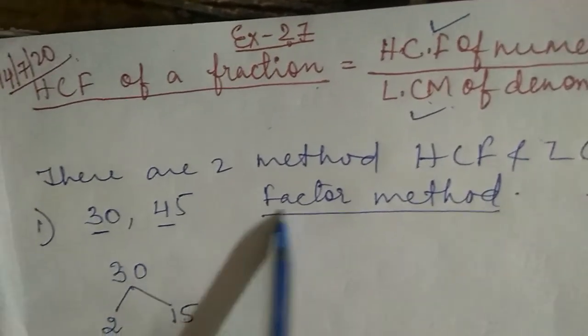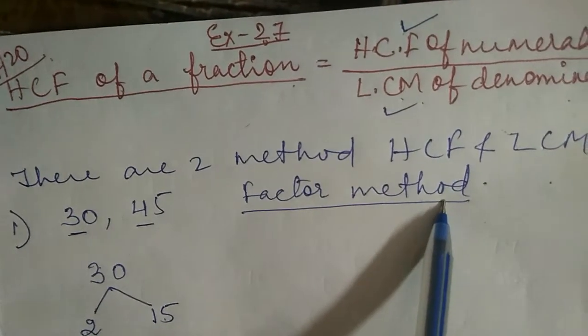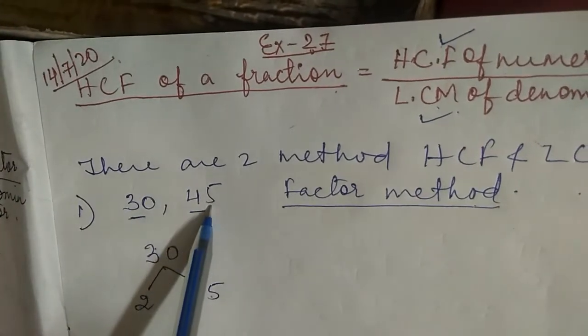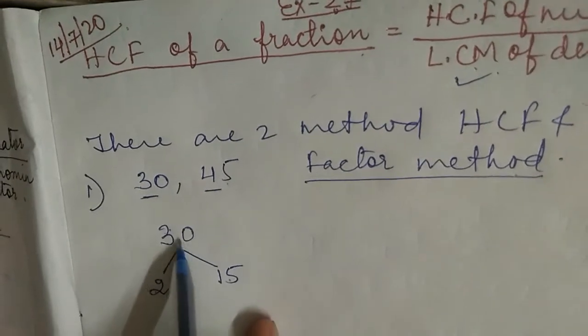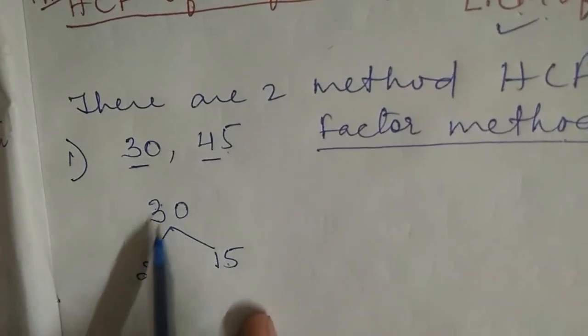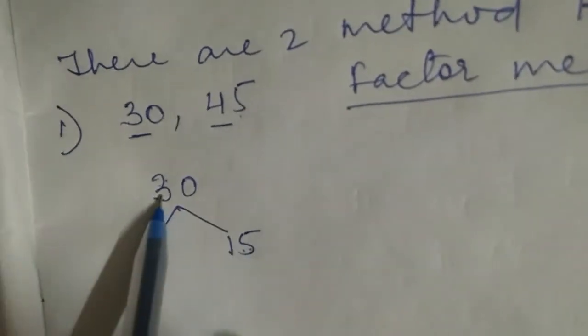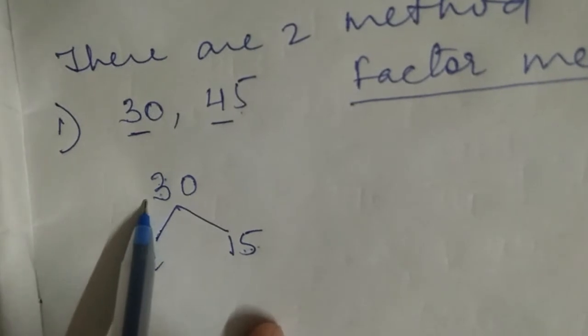The first method is the factor method, and I am explaining it with examples. Example number 1 is 30 and 45. For 30, we will take the prime numbers. The first prime number is 2. 2 multiplied by 15 gives us 30.